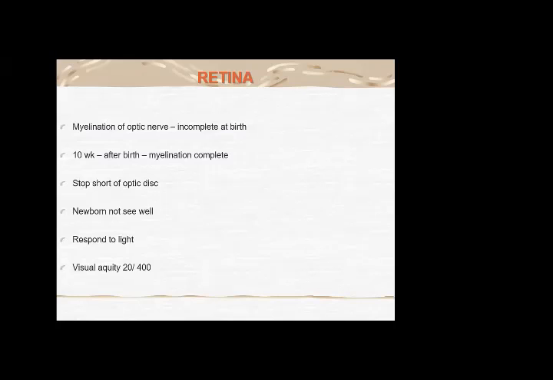But this myelination just goes up to the optic disc, not beyond. So since it is not completely developed, once the baby is born, he or she cannot see well. There is light perception, they respond to light, but they do not see figures well. It is a hazy figure. Visual acuity at the time of birth is just 20/400.